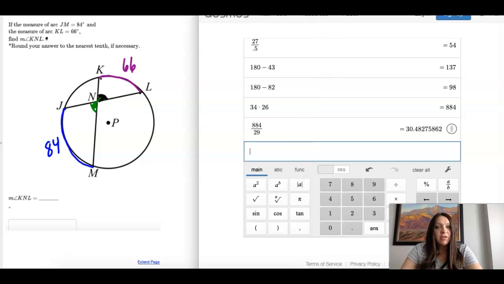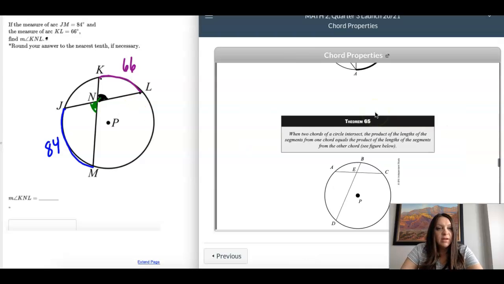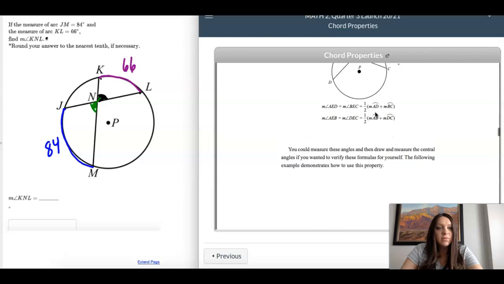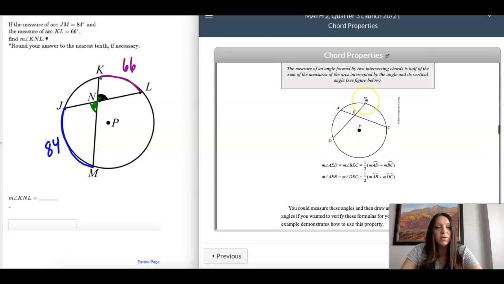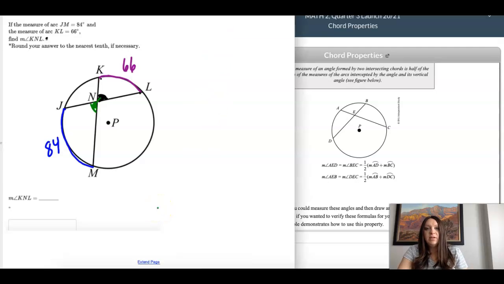But I know there's a theorem on that, and it's this one, where we know our intersecting chords. So what we do here is we would take the measure of the angle.